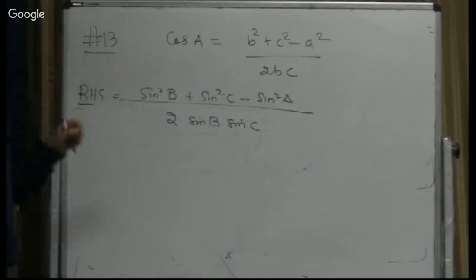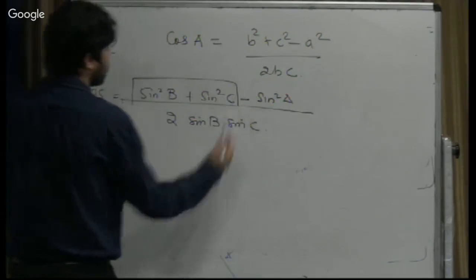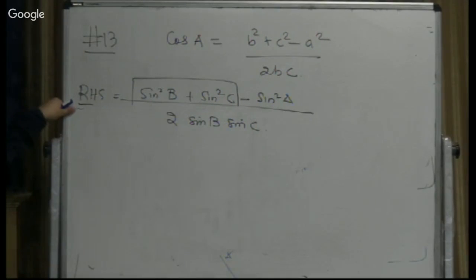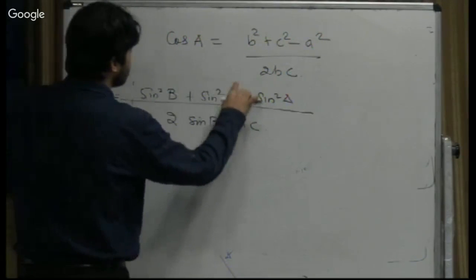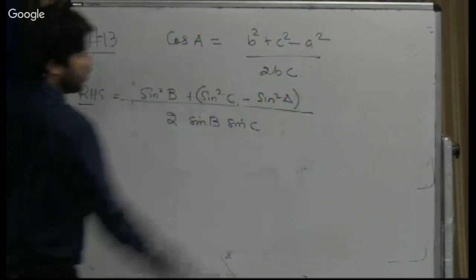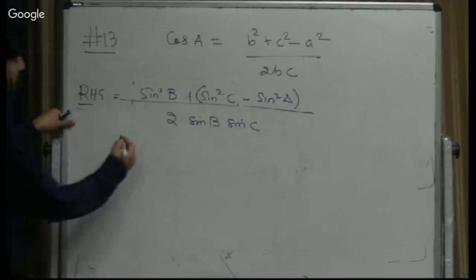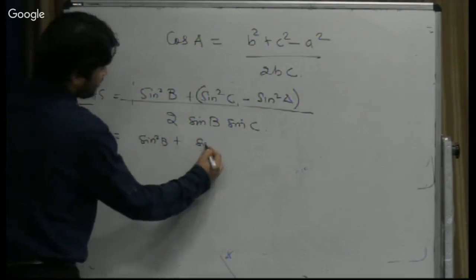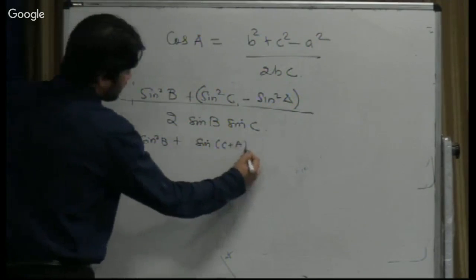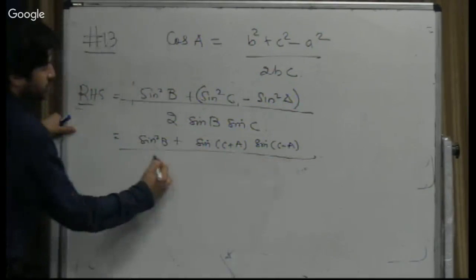Now there is no formula for sine square B plus sine square C, but we have something for this: sin(C plus A) into sin(C minus A).